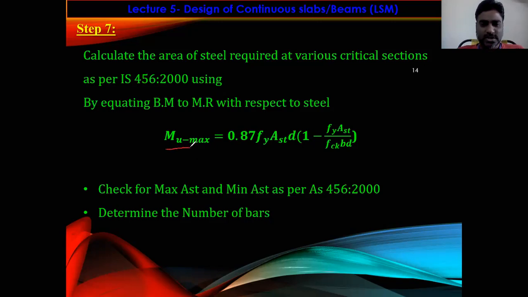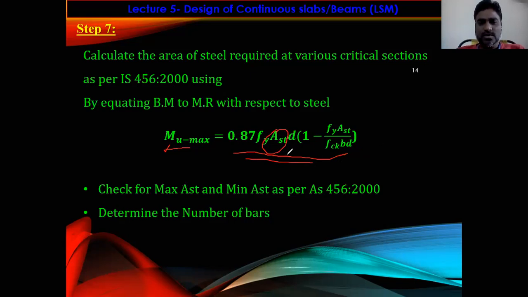So you need to calculate the reinforcement at each one. So Mu is equal to 0.87 fy into Ast into d into 1 minus fy into Ast by fck b d. So from this formula you can substitute Mu here, everything is known except Ast. So find out the Ast required, right?